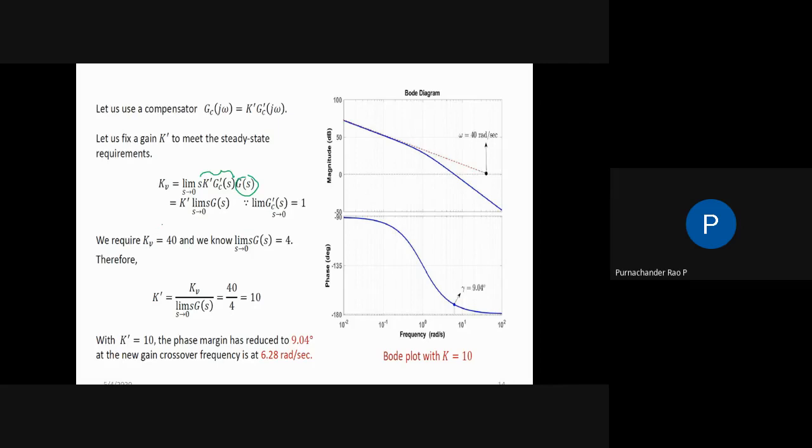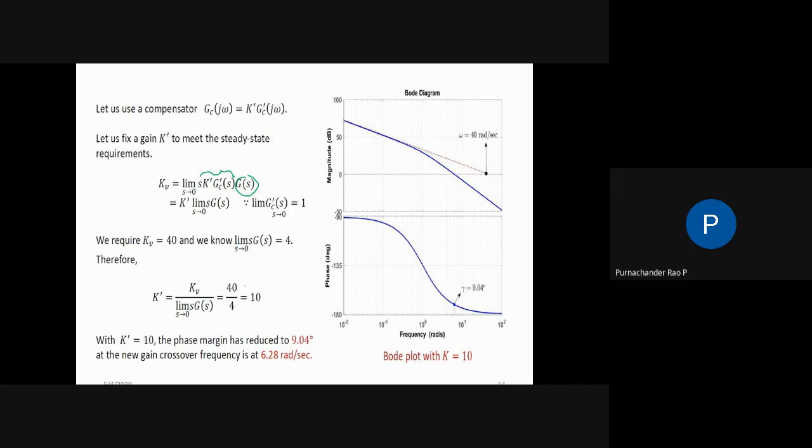So KV should be 40. It indicates that the value of K dash must be equal to 10.